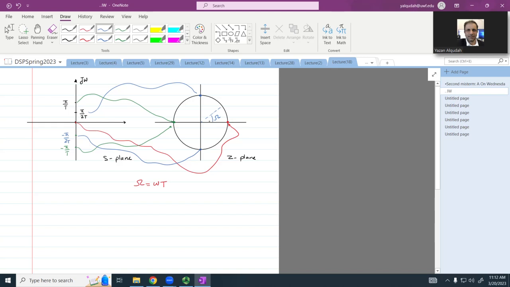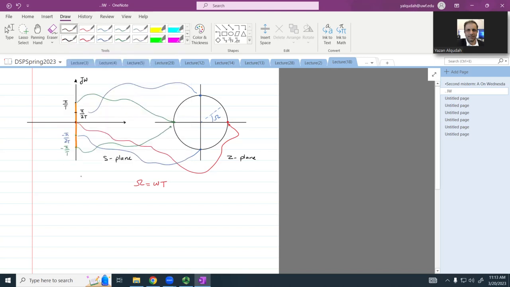Okay, what happens when I map frequencies that are beyond this range? I have this range here that we mapped, and this range, as you can see, will cover the whole unit circle. What happens when I take a frequency that is outside this range? It's going to go back to a point that is already mapped, and this is what we see with the aliasing.